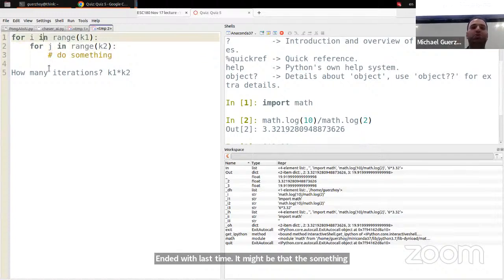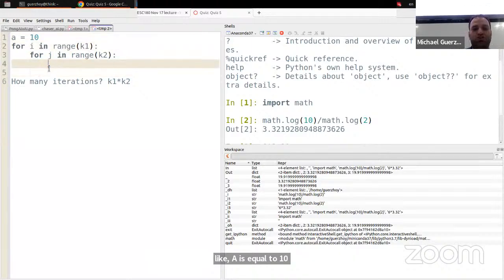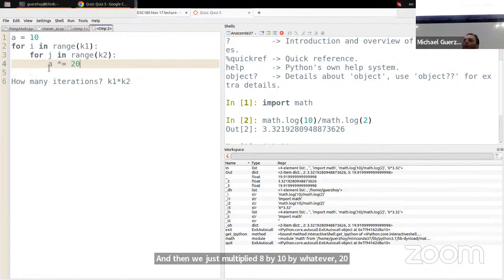The example that we had, at the very end of the lecture, was like this. We said A is equal to 10, and then we just multiplied A by 20 every time. That looks like it takes a constant amount of time, but it doesn't.